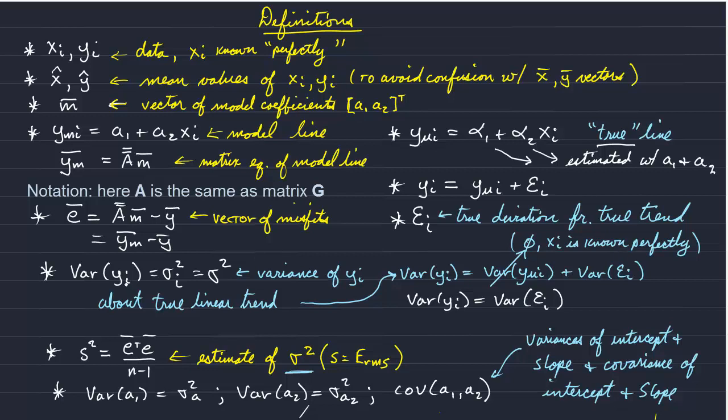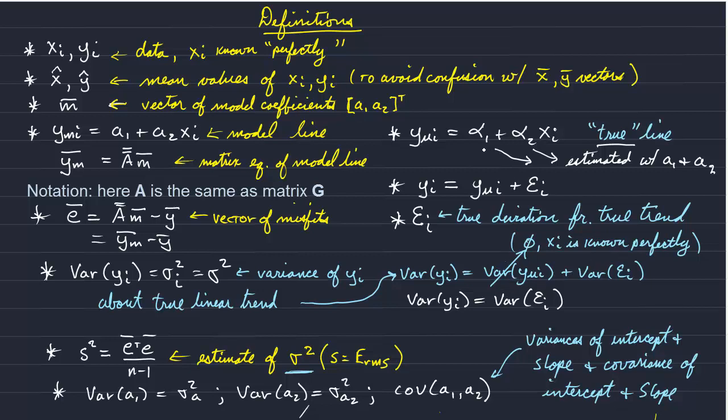Now, the variance of each measurement of y is described as sigma squared sub i. In this case, we're going to assume that the variance is the same for all our measurement points, so we'll just refer to this as sigma squared. And again, we've assumed that x is known perfectly, so the variance in the model line is 0.